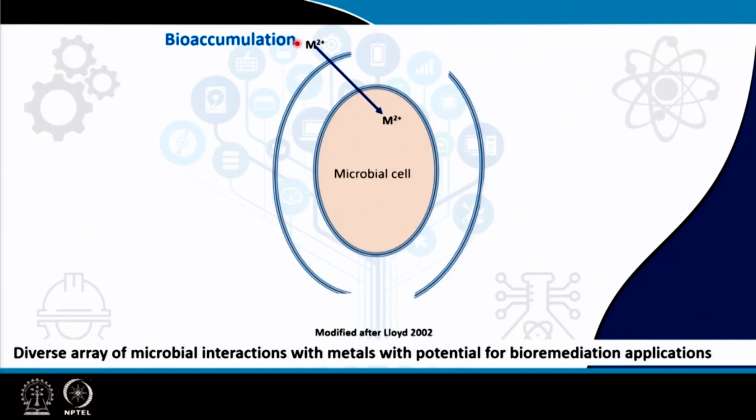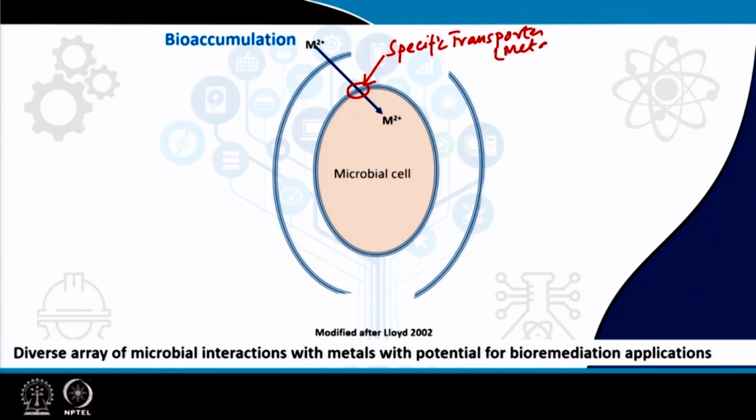This is called a bioaccumulation based process, which is interestingly driven by the metabolism. Bioaccumulation is of course driven by metabolism, because when we look at the bioaccumulation process, we will be able to see that there is involvement of specific transporters. These are the specific transporters, for example, a metal transporter.